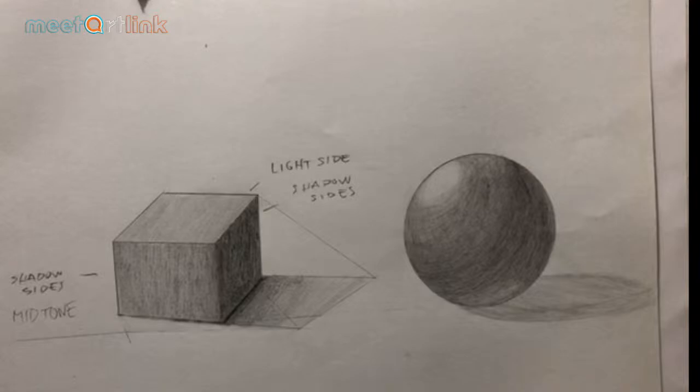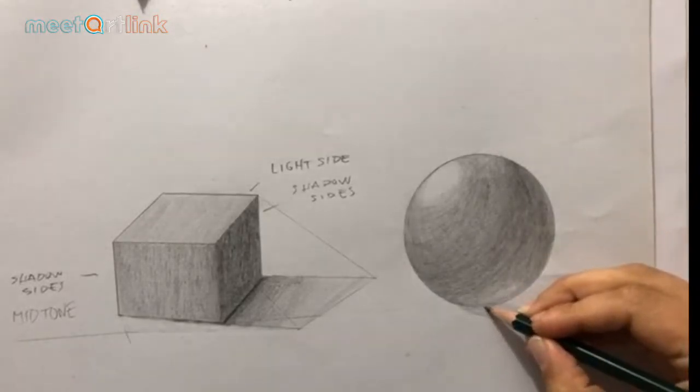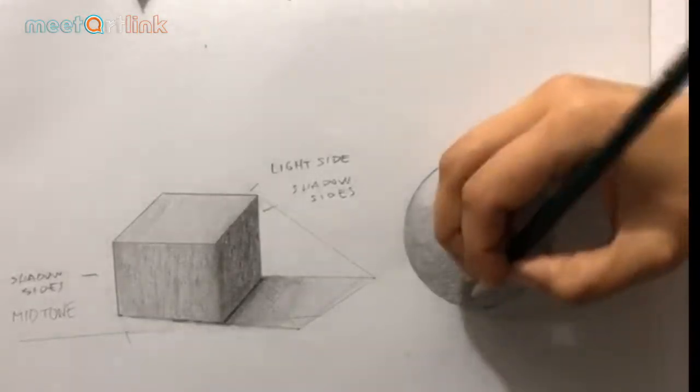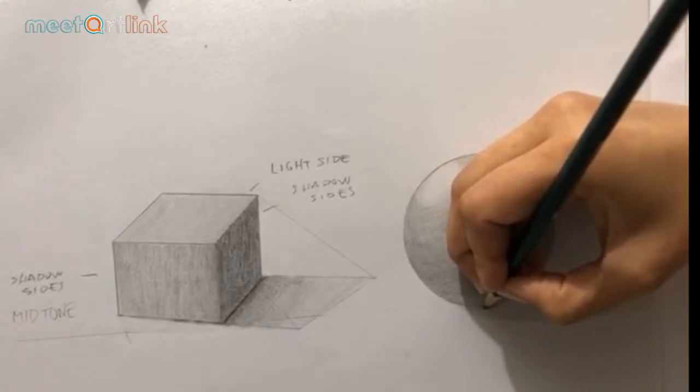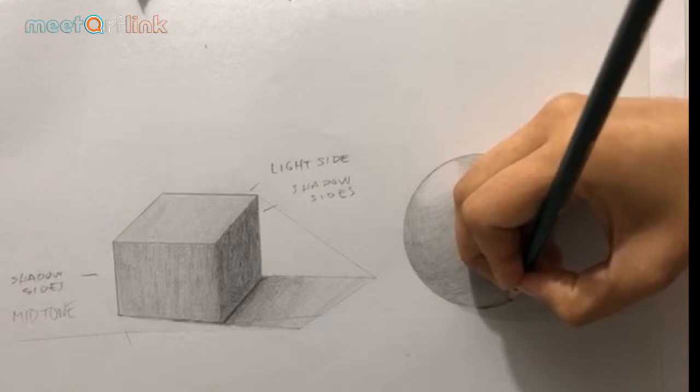And then let's work the darkest here. And yes, in the cube you can also see that this cast shadow can be darker than the object itself.